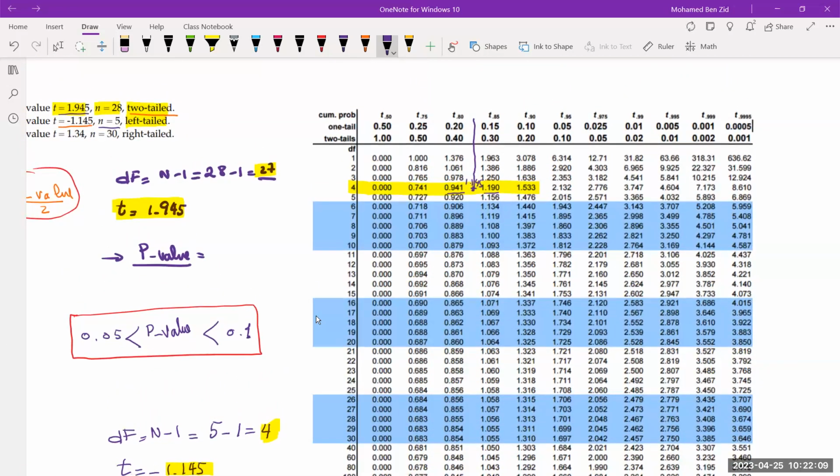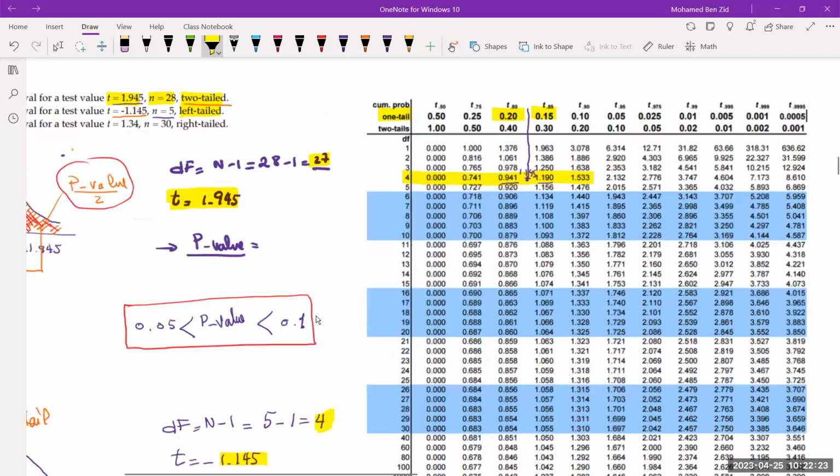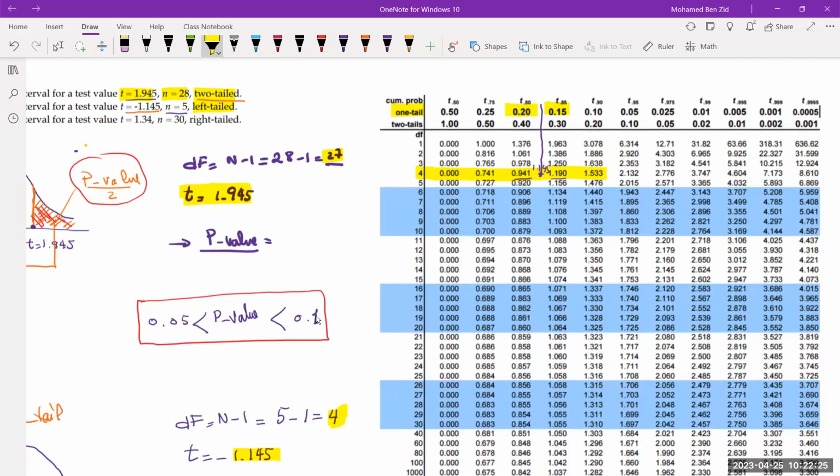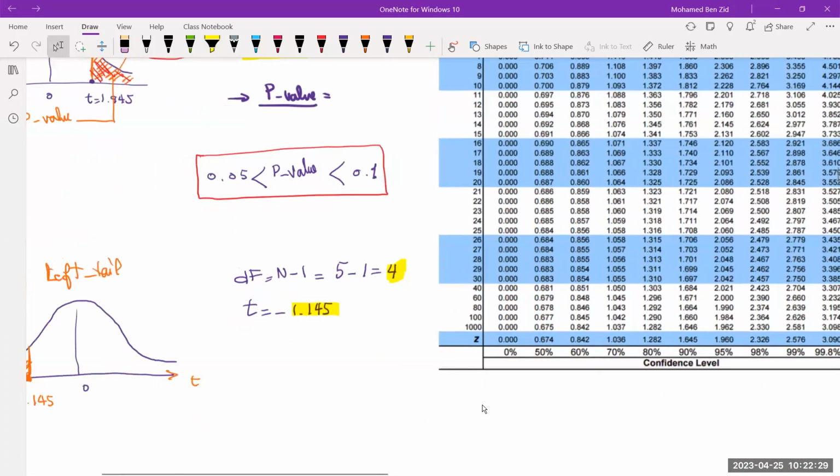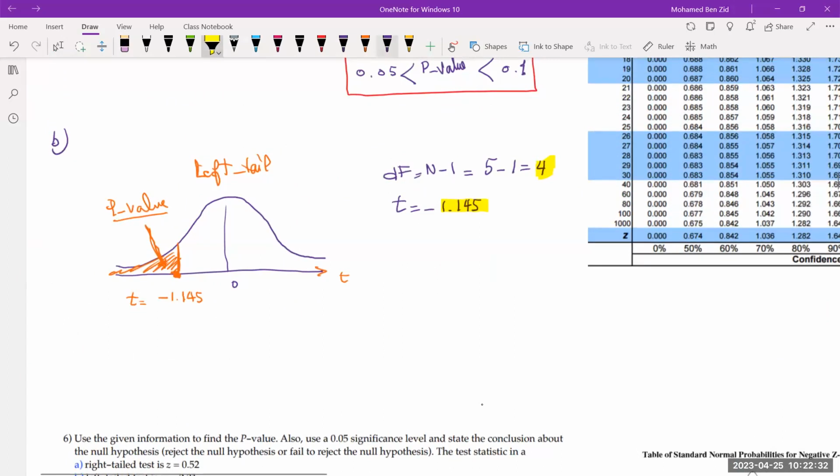Now, the difference from before: I used the two tails, but now because I'm using only one tail, I'm going to go to the one tail value. And these are the two values that I'm looking for, between 0.2 and 0.15. Be careful, 0.15 is smaller, so you're going to write down 0.15 here for the p-value, and then 0.2 right here.